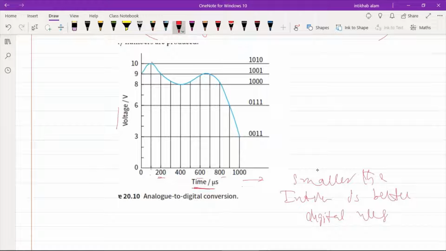So in place of sampling every 100 microseconds, if we sample every 50 microseconds, it would be better.